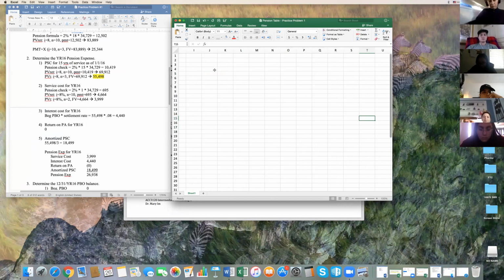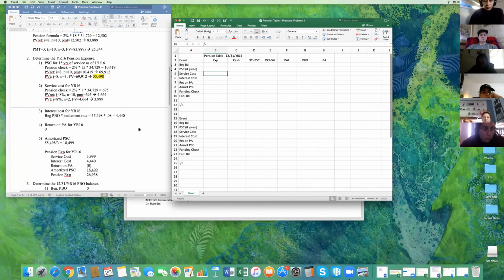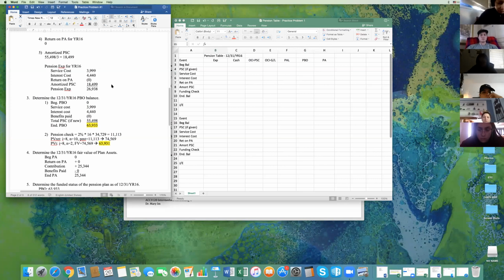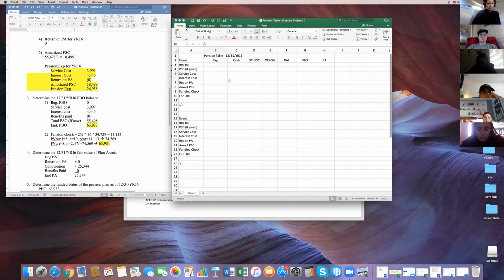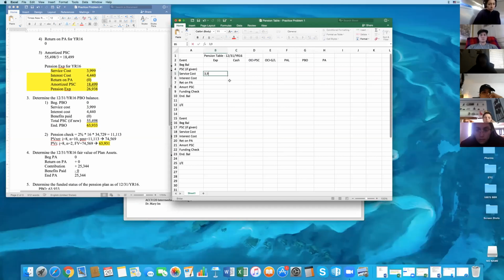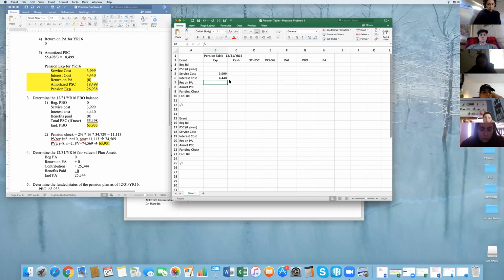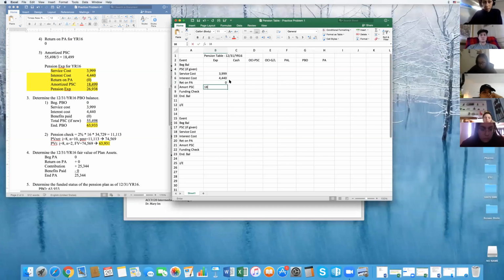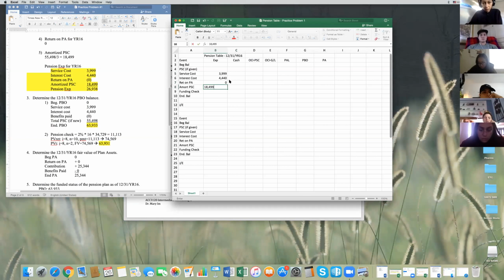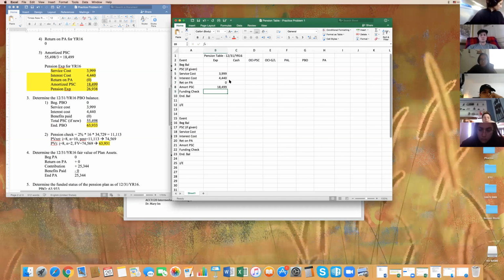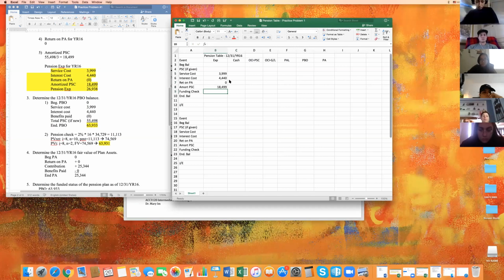Okay. So service cost for pension expense, let me copy from here. Service cost is $3,999. Interest cost $4,440. Return on plan asset was 0. Amortized prior service cost $18,499. Those 4 things go into the pension expense.